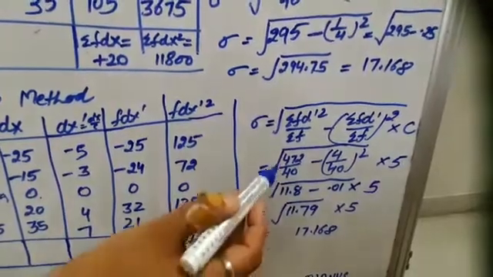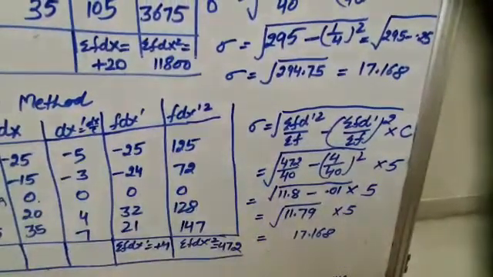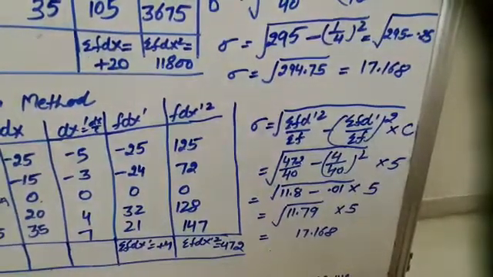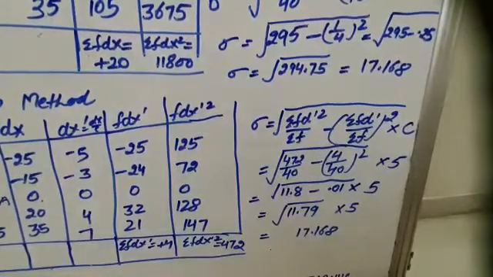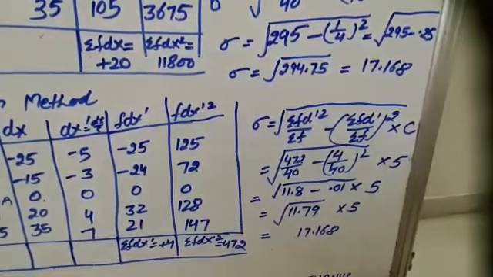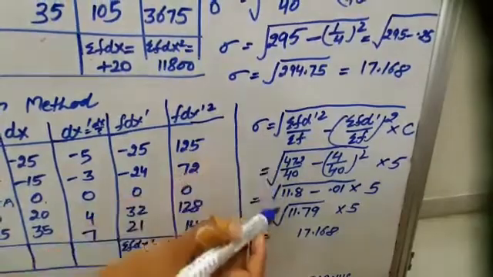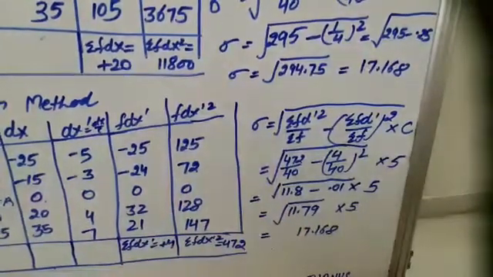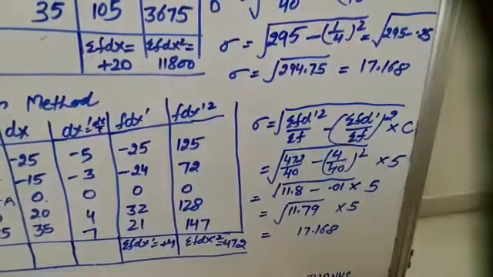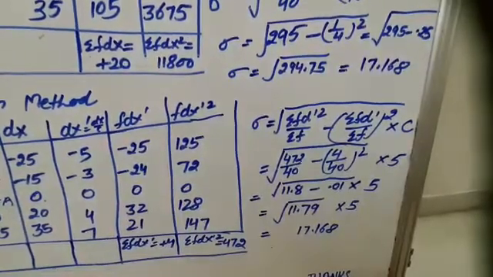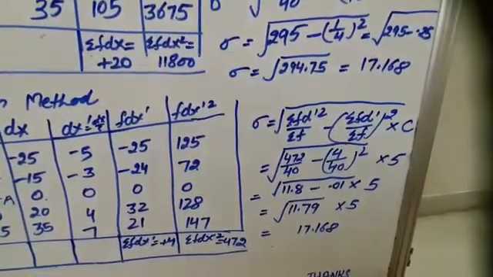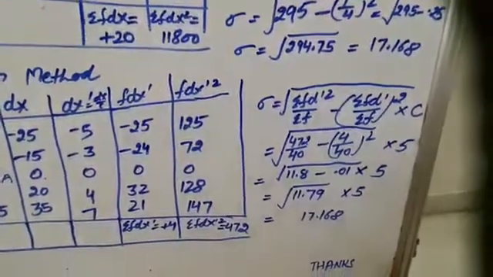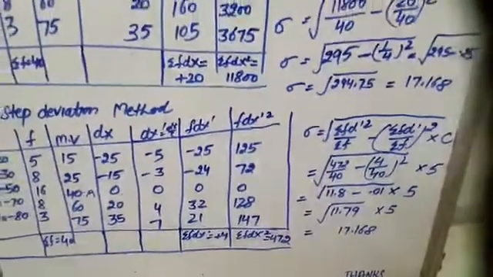After putting the values we get 472 upon 40 minus 4 upon 40 whole square root multiplied by 5. After solving this we will get 11.8 minus 0.01 root multiplied by 5, 11.79 root multiplied by 5, and then the answer is 17.168. This is how we calculate standard deviation.